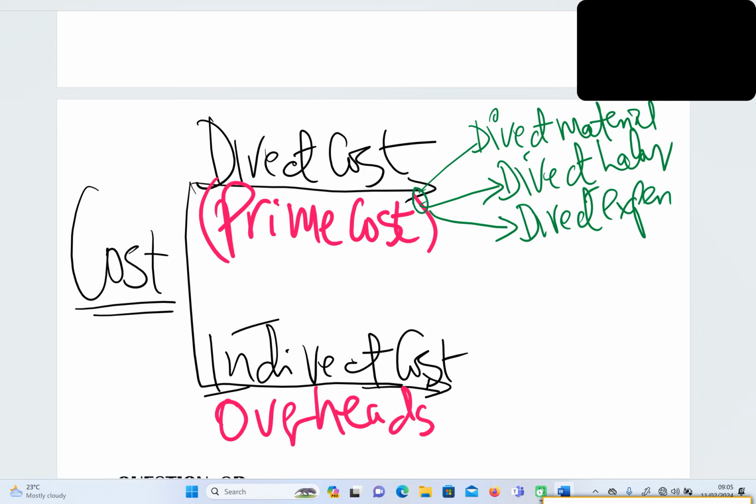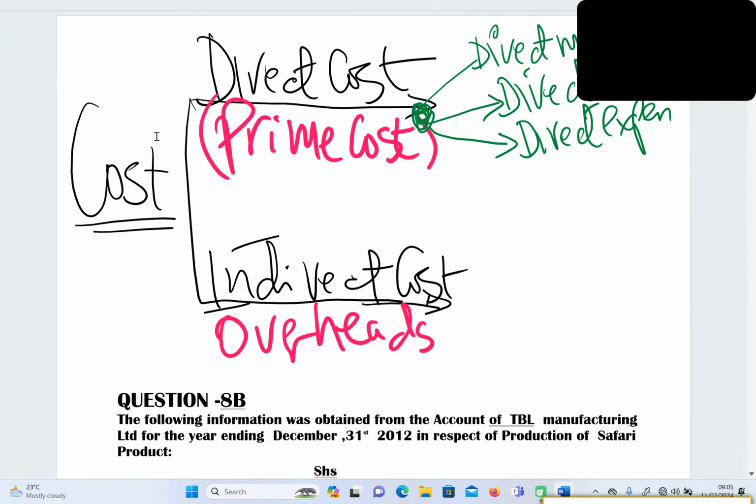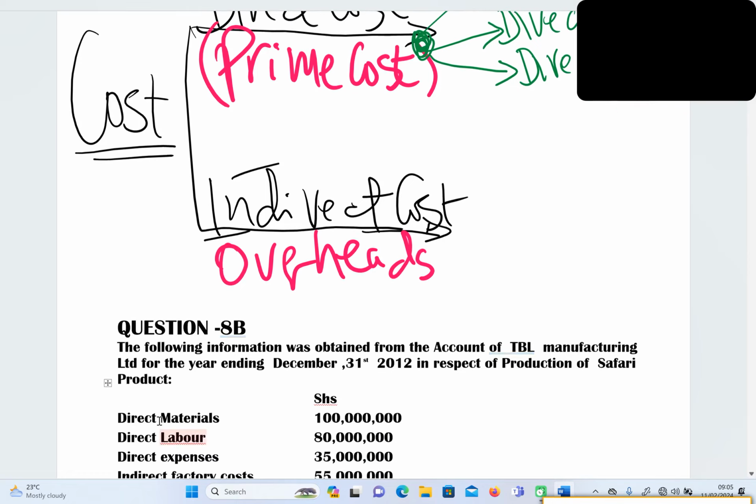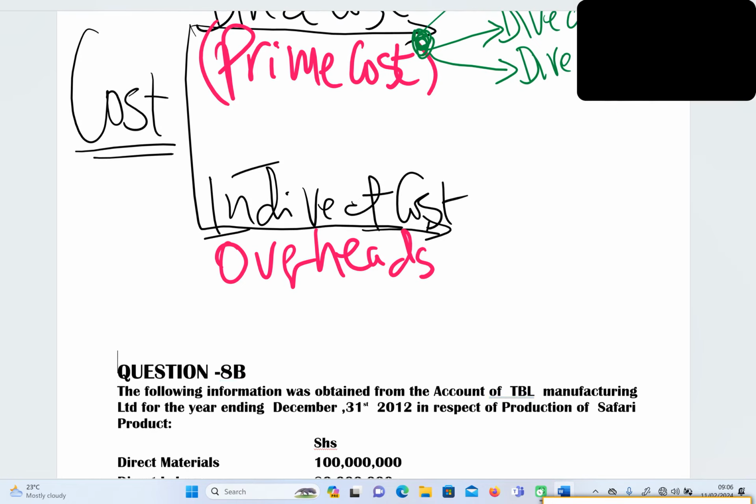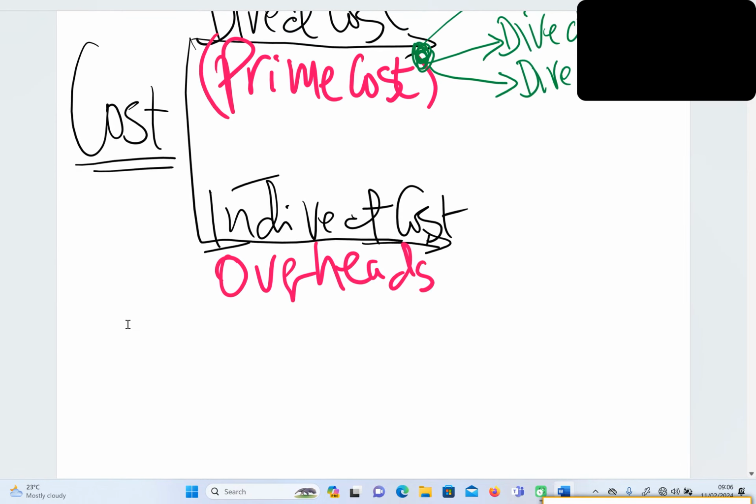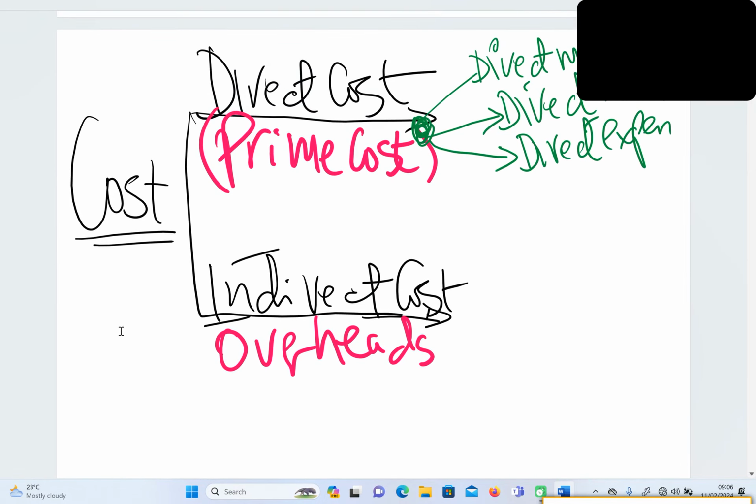That is in view of prime cost. The indirect cost, of course, is apportioned on two.